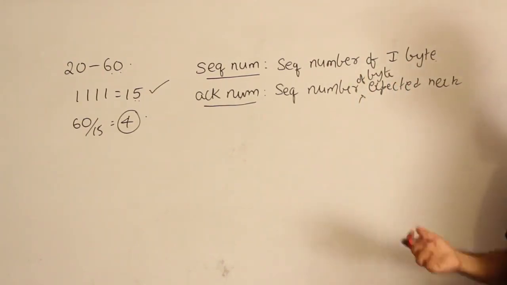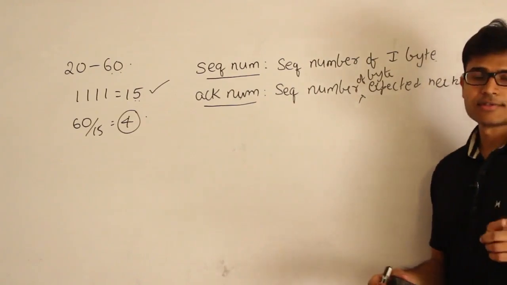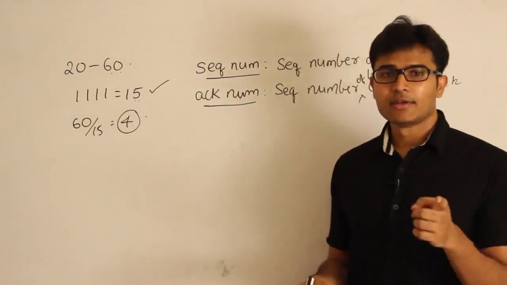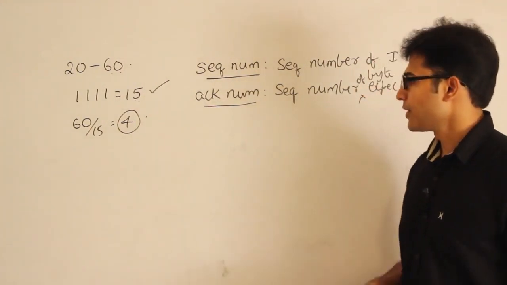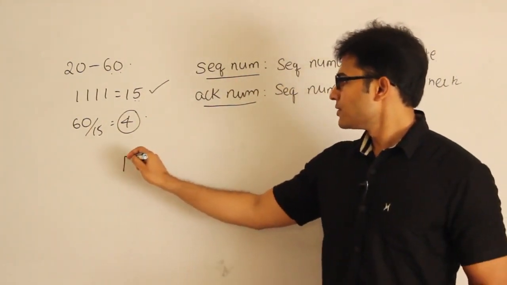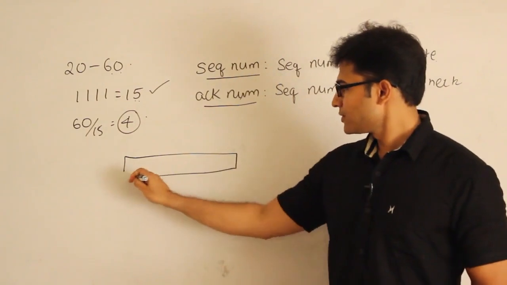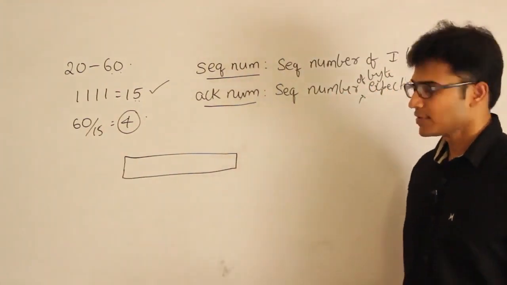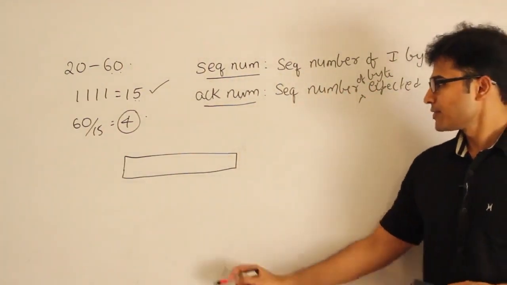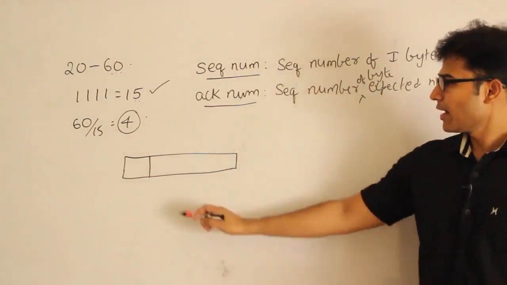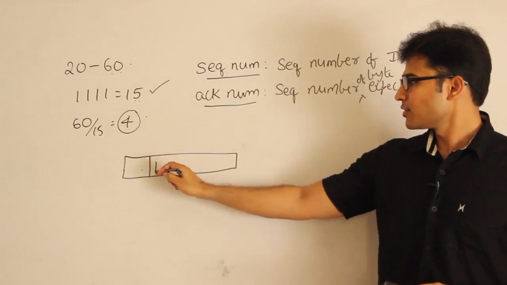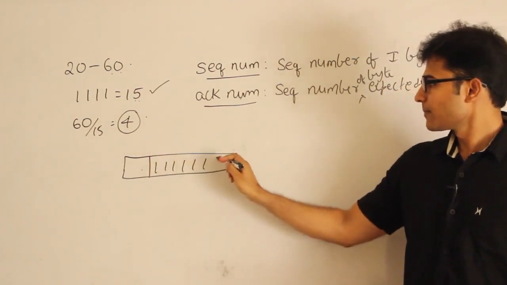So these are the two definitions. Now what do you understand from the acknowledgement number? It is always the sequence number that the receiver is expecting next from the sender, right? We have already seen this kind of problem previously, but again I am doing it. Let us assume that there is a TCP segment, and this is the segment header, and these are the bytes, okay?